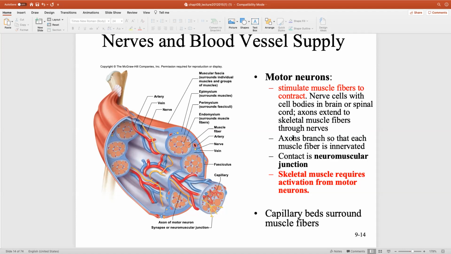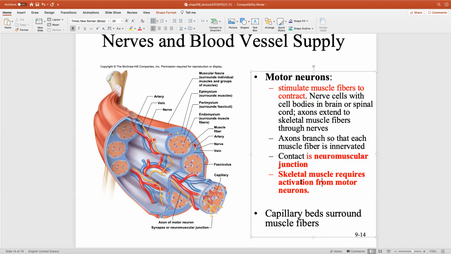One gives motor signals to the muscles of that area, and the other receives sensory innervation from that area as well. The motor neuron's main purpose is to stimulate the skeletal muscles it's connected to. The contact point between the neuron and the muscle is called the neuromuscular junction. That's where the nerve stimulates the muscle.